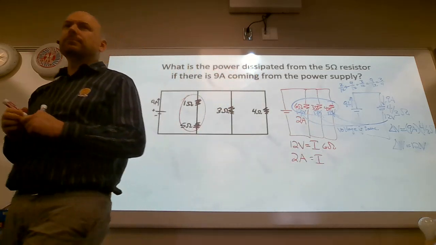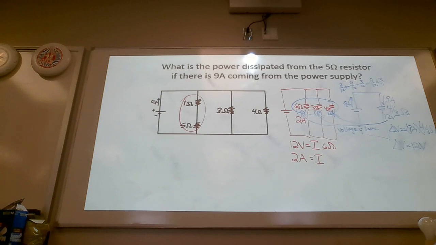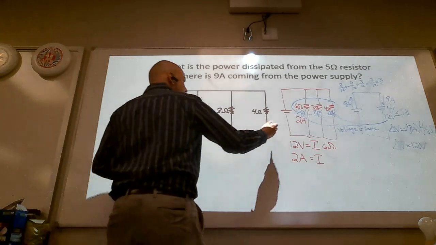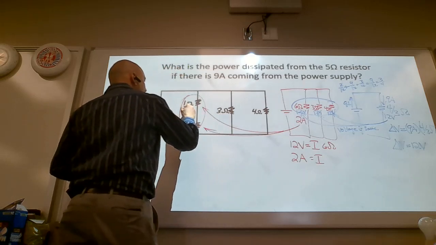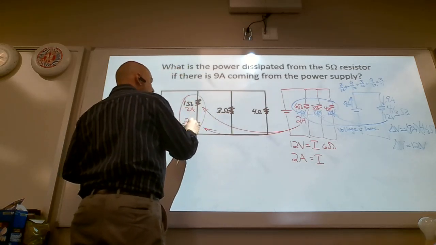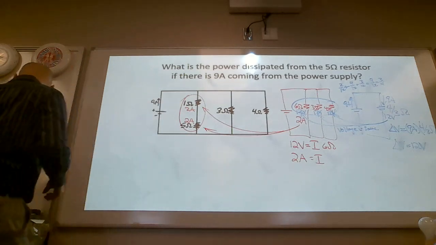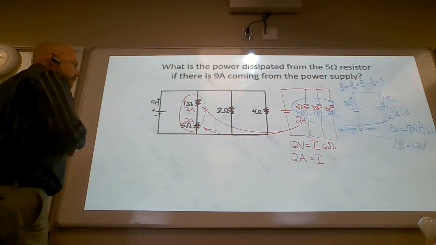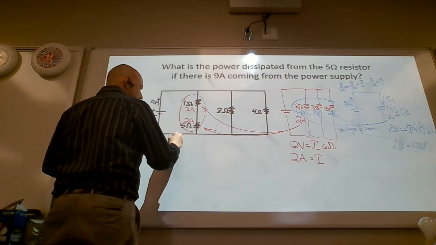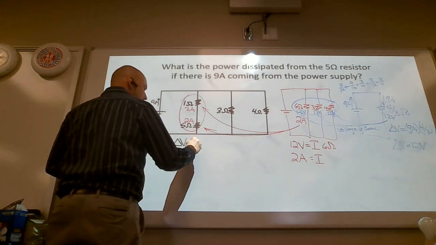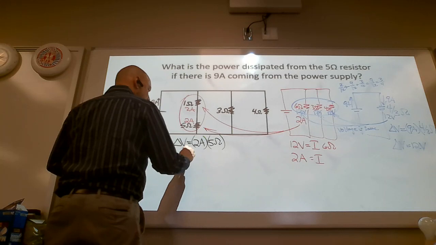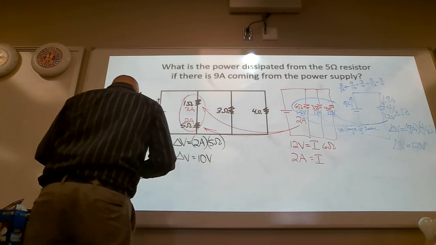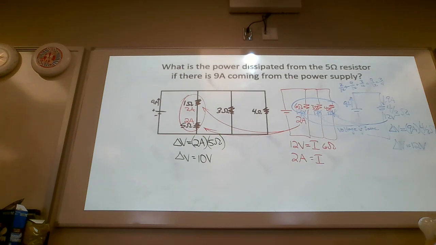There's 2 amps going through that, the resistor I care about. So there's 2 amps going through that one, 2 amps going through that one. 10-volt drop across that resistor.